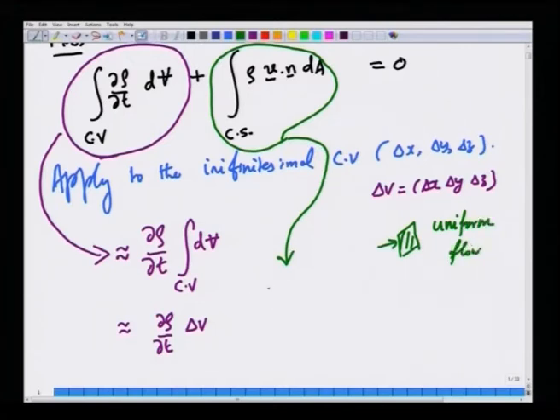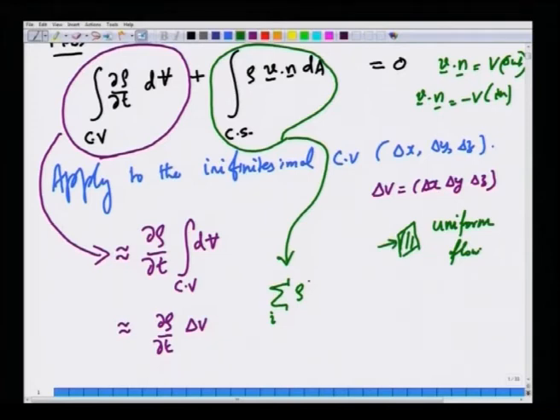So, we can simply write this as summation over all outlets. For outlets, V dot n is positive, remember, is V for outlets and minus V for inlets. This is something that we had seen before. So, I times rho.